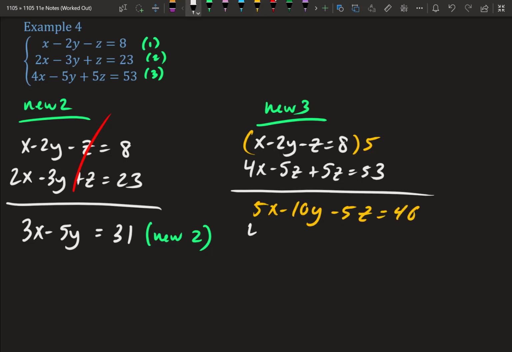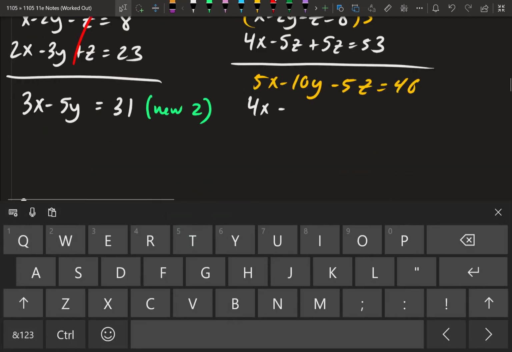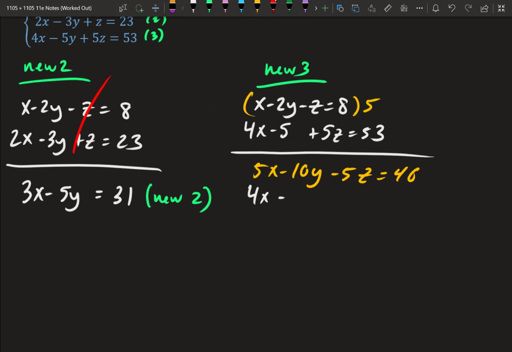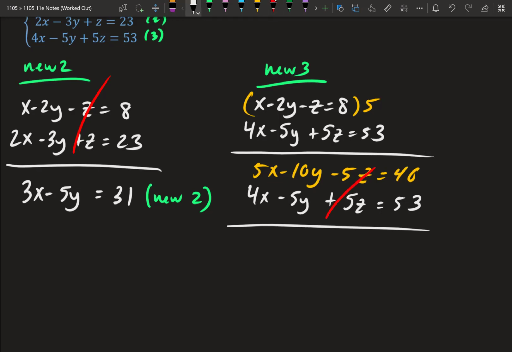And on the bottom, we didn't do anything. My bad, that's y. There we go. All right, we add. So we have 9x minus 15y equals 93. That's our new 3.